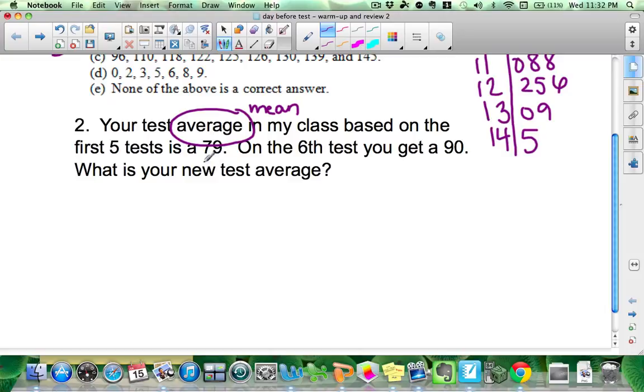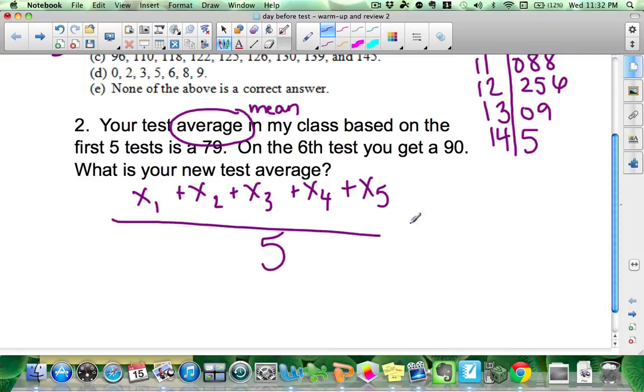Since the mean based on the first 5 is a 79, I know that my first test grade plus my second plus my third plus my fourth plus my fifth divided by 5 was a 79.